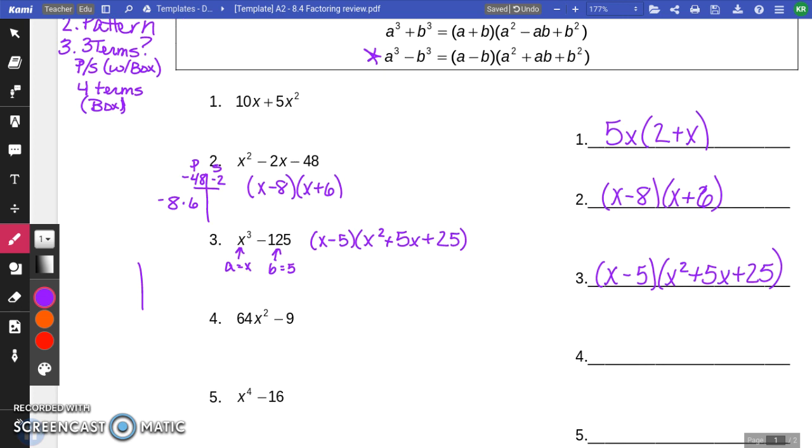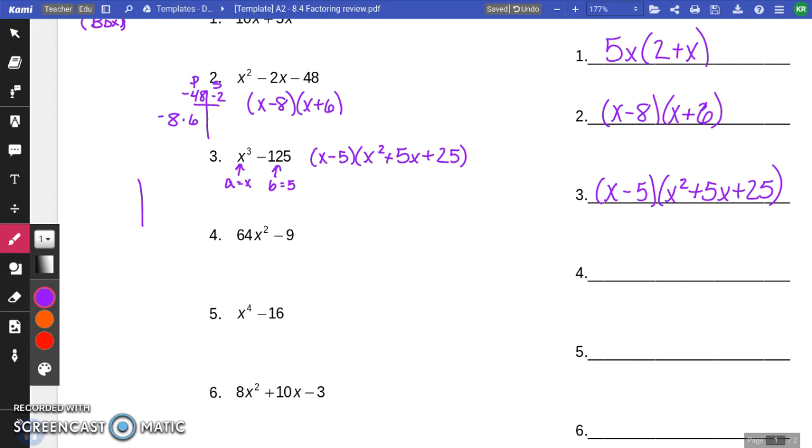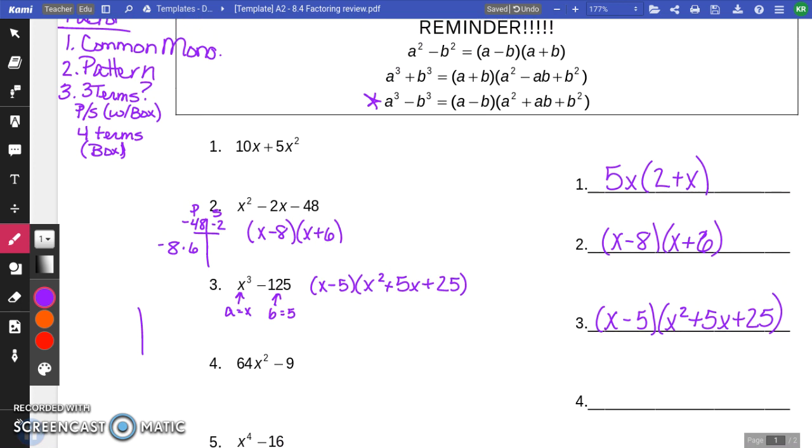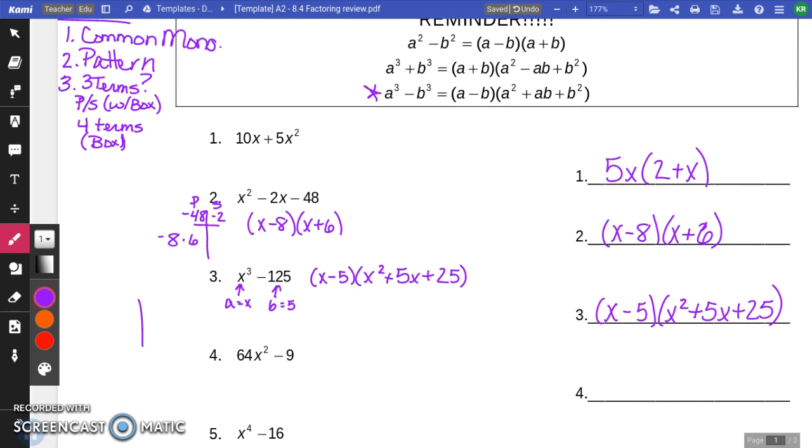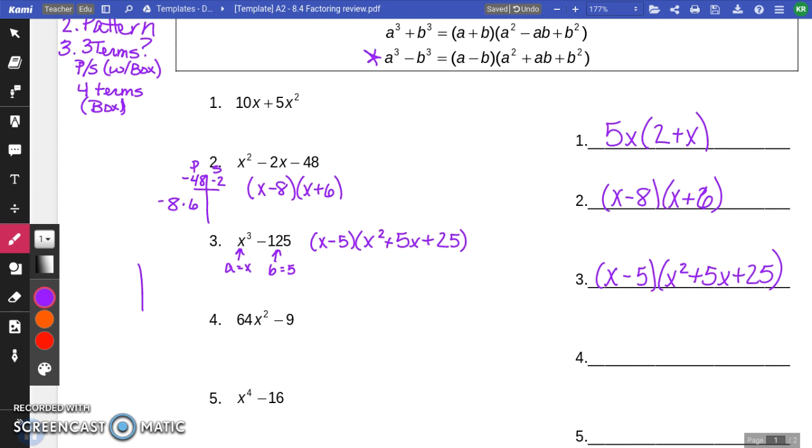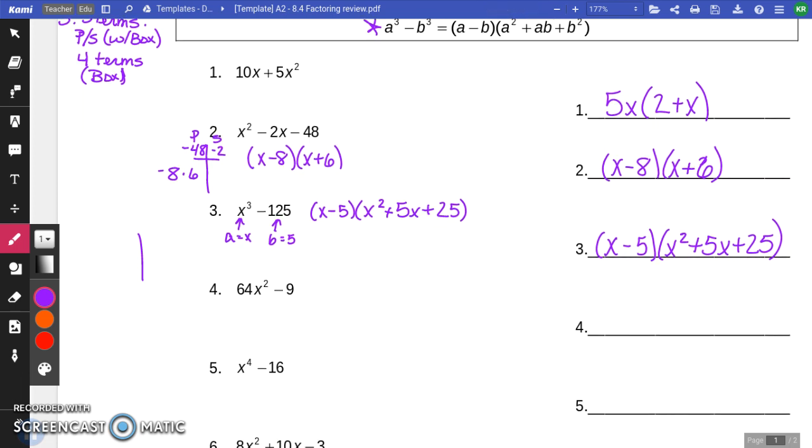Okay, let's go down. Let's talk about number 4, 64x squared minus 9. This is a difference of squares pattern. So if you go back up, that's the first one I listed. a squared minus b squared is going to factor to a minus b times the quantity a plus b. Again, how do I recognize that this is that perfect square pattern?